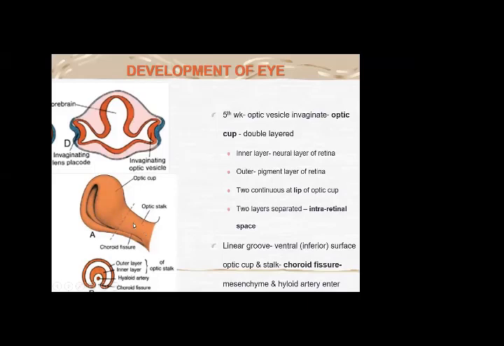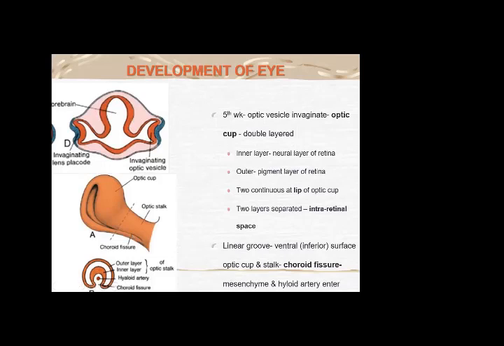Now what happens is that towards the end of the fifth week, on the inferior surface of the optic stalk, you have the development of a linear structure called the optic groove.